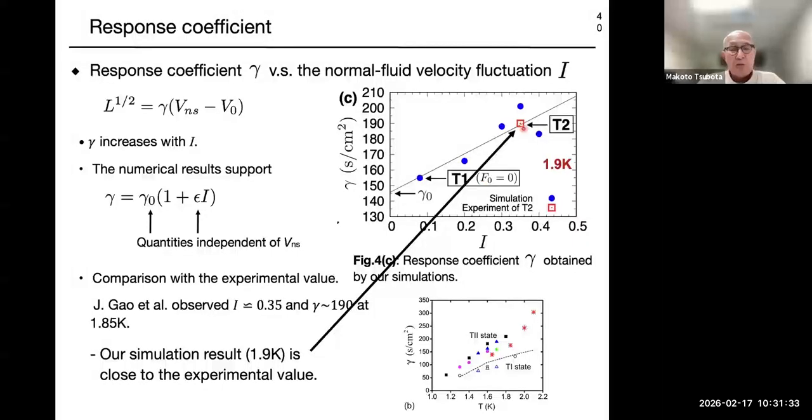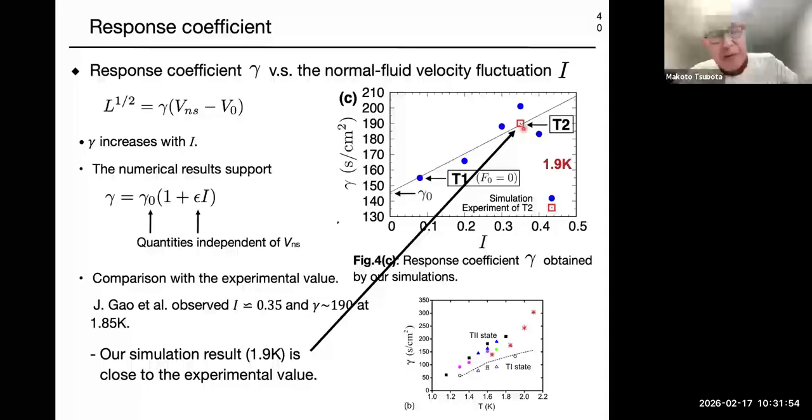So what I will say is, our turbulence in normal fluid is artificially driven, but certainly we achieve a state very analogous to the realistic T2 state. And in this state, we confirmed the vortex line density is significantly amplified by the normal fluid turbulence.